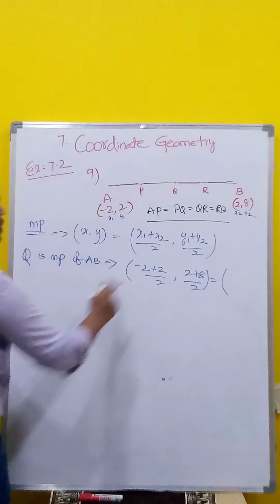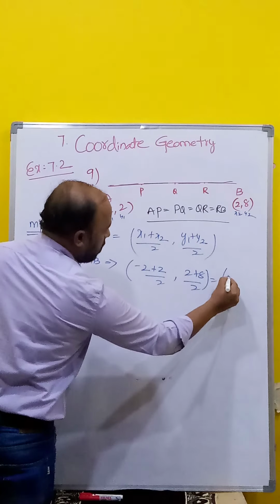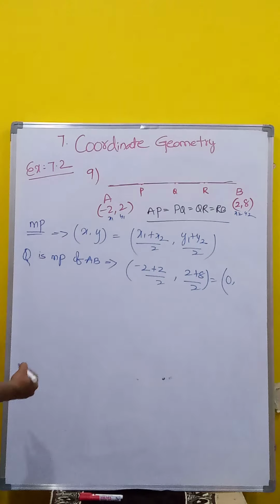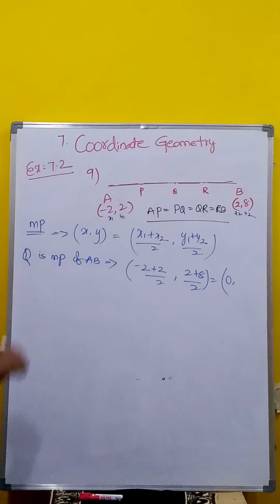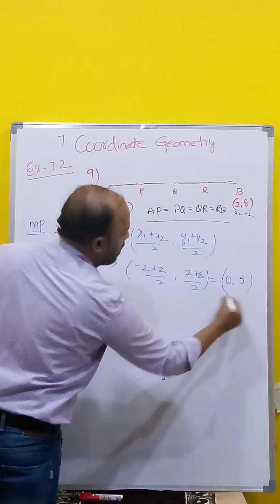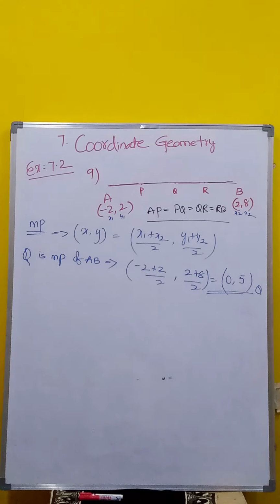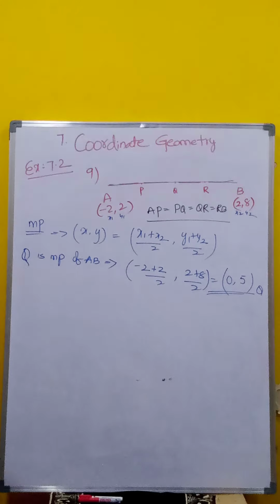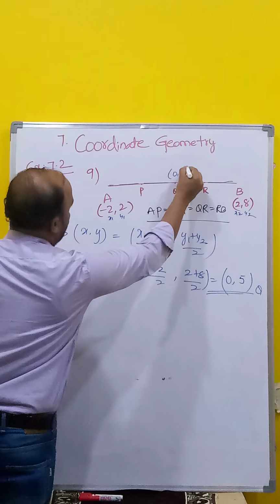Minus 2 plus 2, what is the answer? 0. 0 by 2 is 0. Clear? 2 plus 8 is 10, 10 by 2, cancel, it is 5. 0 comma 5. What is this one? Q coordinates. 0 comma 5 is the Q coordinates.